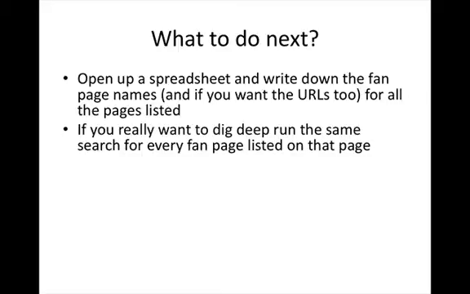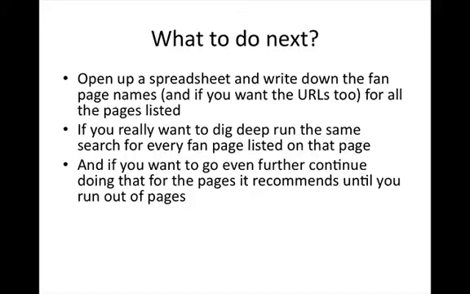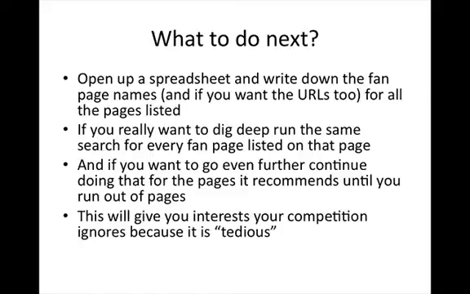You can do that for every page. You can go down even further, and you might have a compilation of hundreds or thousands, probably more like hundreds of interests. This is going to let you target people that aren't getting targeted as easily on Facebook. It's going to let you have cheaper ads.